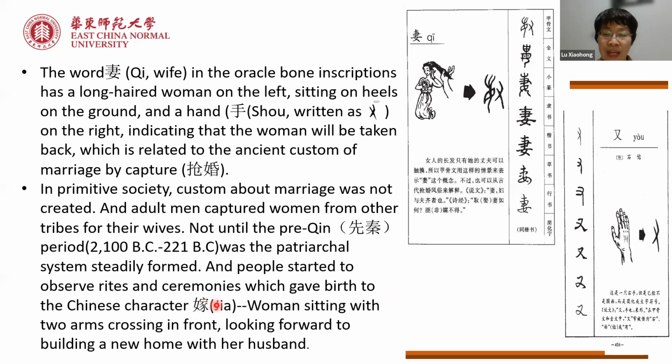Jia, as we have mentioned, means a woman sitting with two arms crossed in front, looking forward to building a new home with her husband. In the last slide, we saw that on the left side is a woman, and on the right side is a house, a home. So jia means building a new home with her husband.